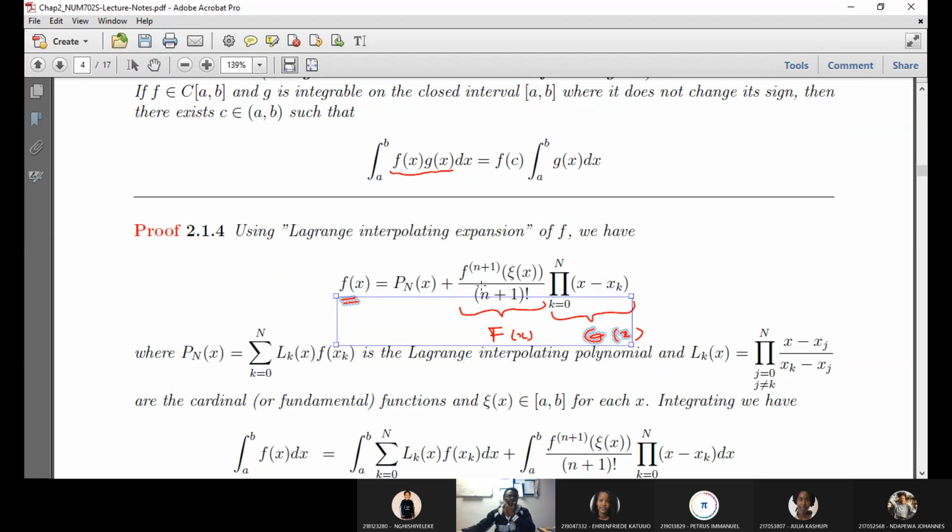If you look at the assumption, when you perform Taylor expansion, yeah, because Taylor is at a single point. This is the difference. And please take this.